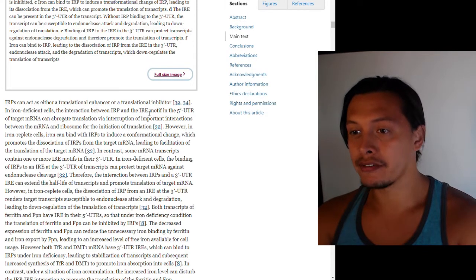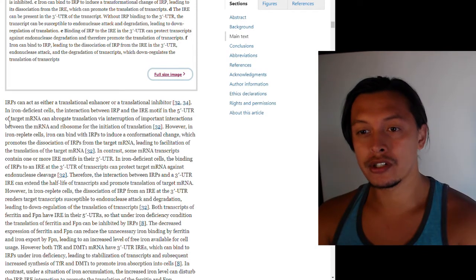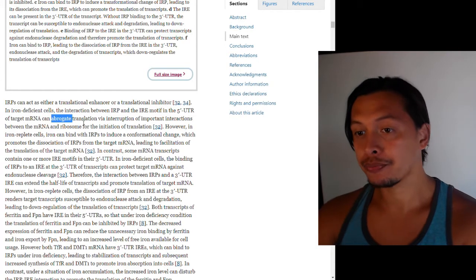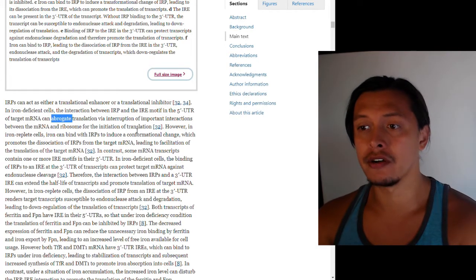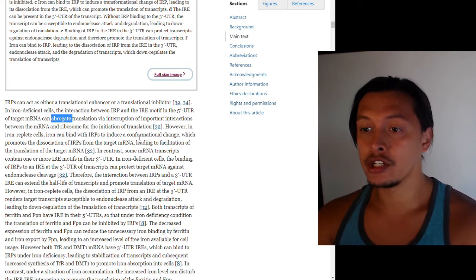Anyways, the iron responsive element motifs in the 5' untranslated region of target mRNA can abrogate translation through interruption of important interactions between the mRNA and the ribosome for the initiation of translation.